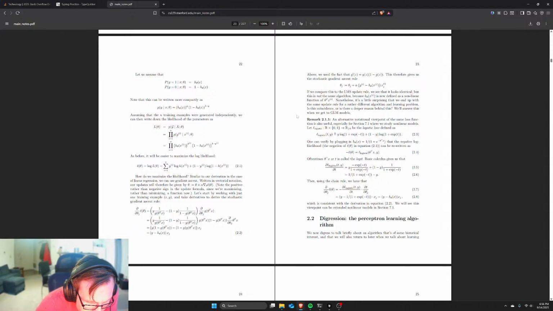Is theta j? Yeah, so theta here should be a vector in itself too. Okay. So that is equal to the one right there.